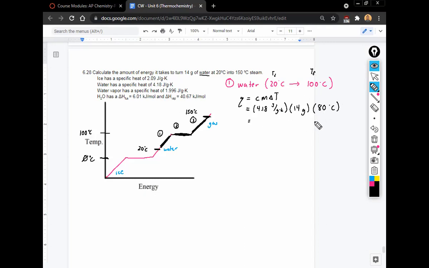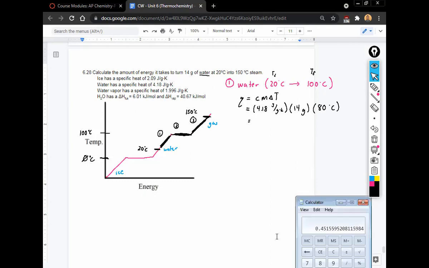You can calculate how much energy it takes to take water from 20 degrees Celsius to 100 degrees Celsius.